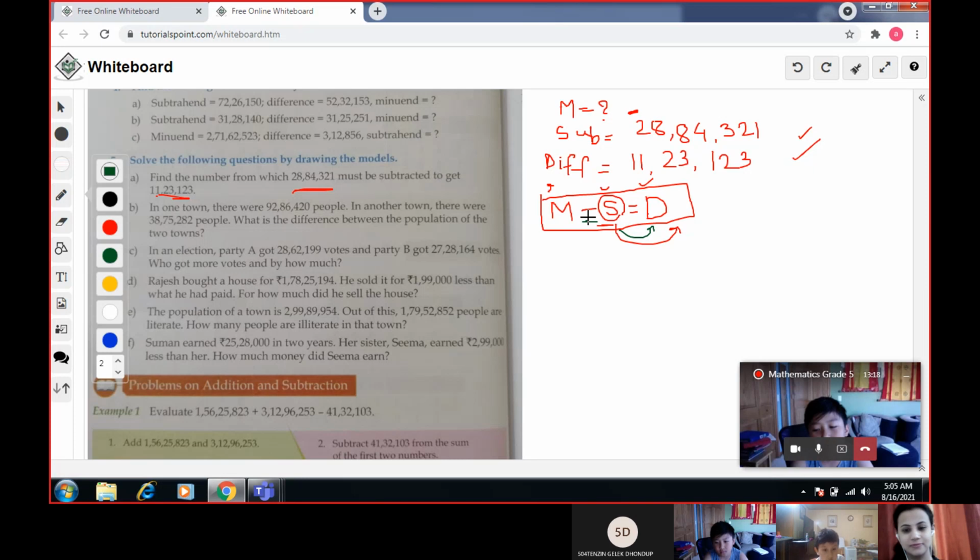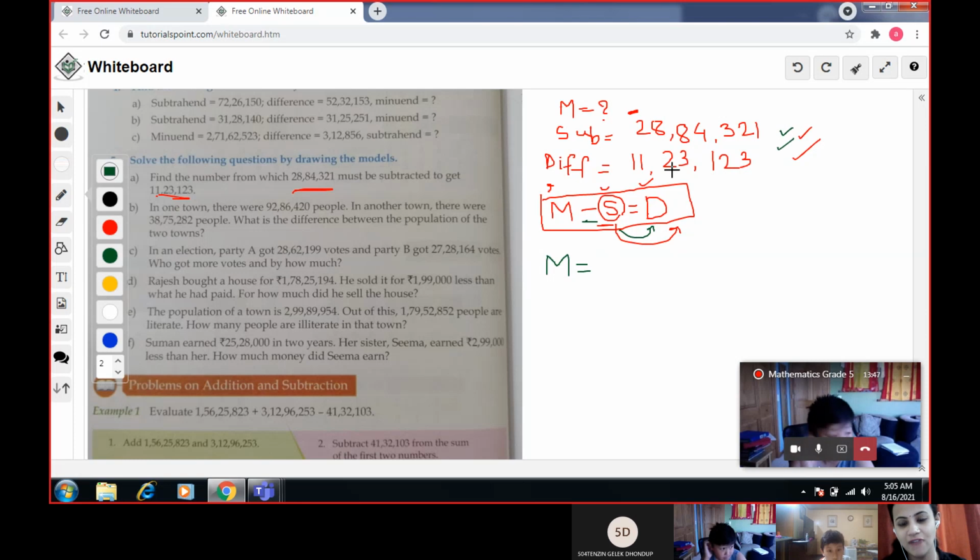Let us see. Here it is minuend equals. Why have I put minuend alone here? Because I don't know the minuend, I have to find it. I am not writing any number with the minuend because I have to find out the number of the minuend. Now I know the subtrahend and I know the difference, so I have to bring both together.